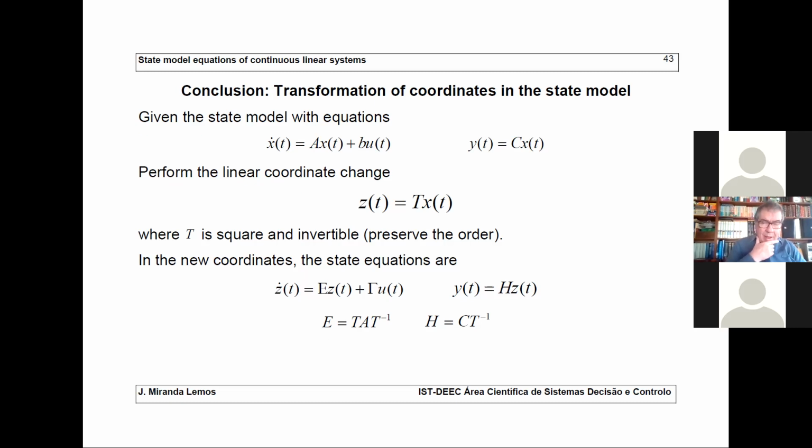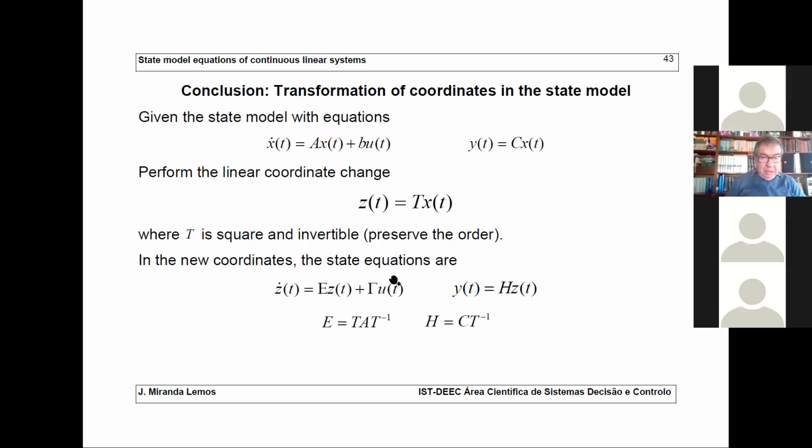Now, one thing that you should prove, I'm not going to do it here, but it's a good exercise, is prove that if you have this model in X, in the X coordinates, remember that the input is U and the output is Y. Now I do a change of coordinates and I get another state model with the same input and the same output, okay?